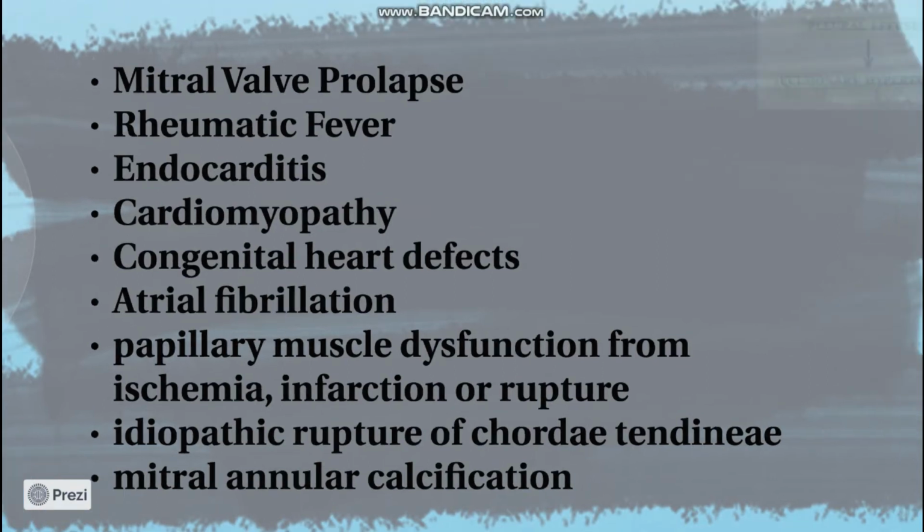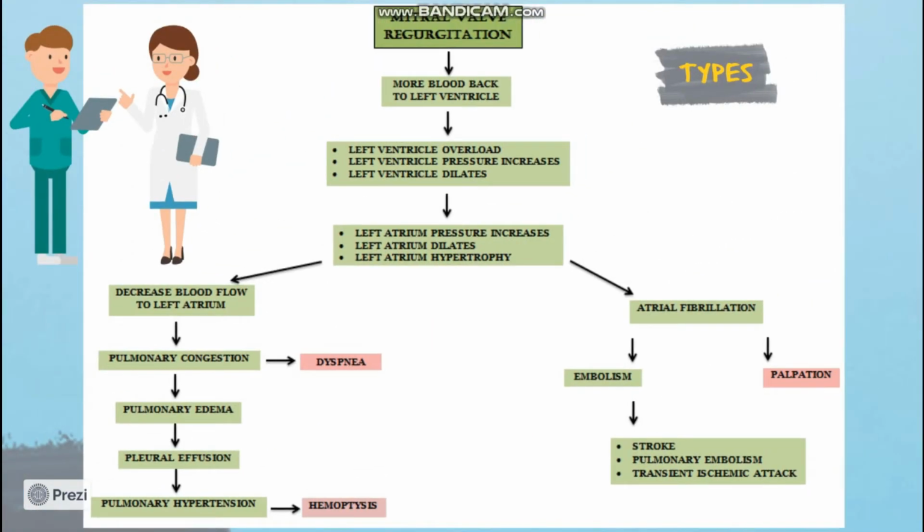Let us discuss its pathophysiology. During systole, the valve closes, which means blood has just one option. It is to be ejected out to the aortic valve and into circulation. If the mitral valve doesn't shut all the way, blood can leak back to the left atrium, called mitral valve regurgitation.